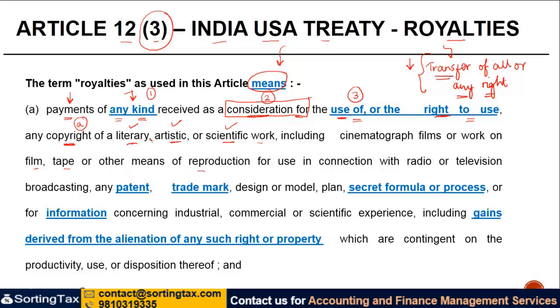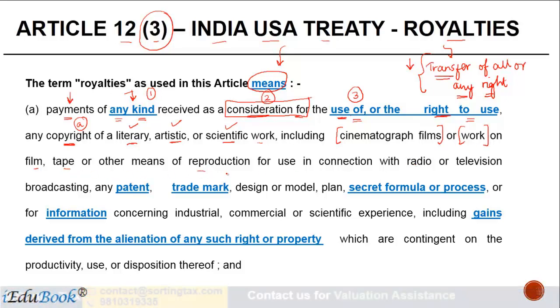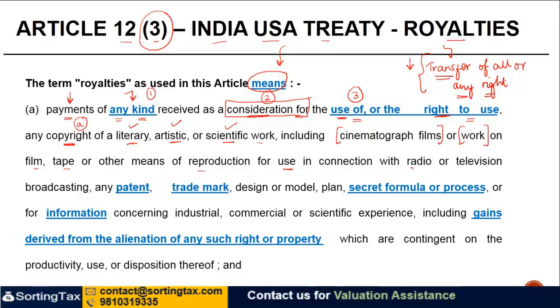So any of these works could be on tape or other means of reproduction for use in connection with radio or television broadcasting. So if there is a cinematographic film or work, which could be on any of these modes, which is for use in connection with the radio or television broadcasting, any patent or a trademark.